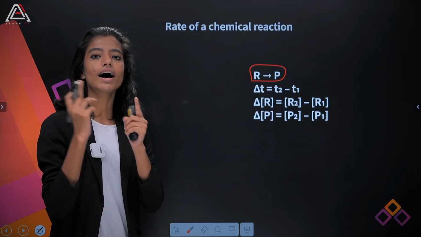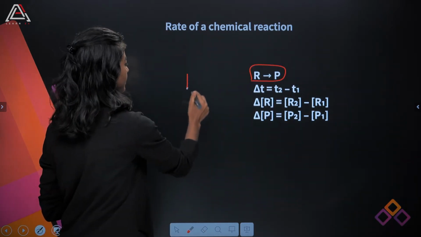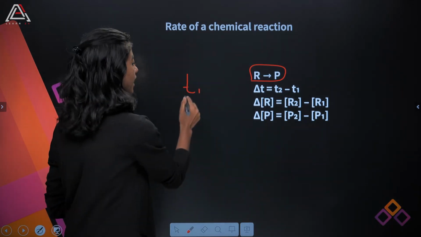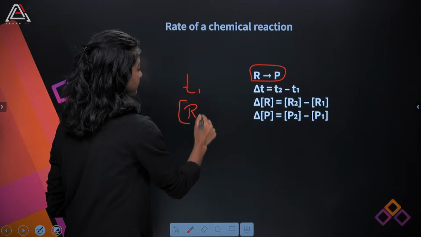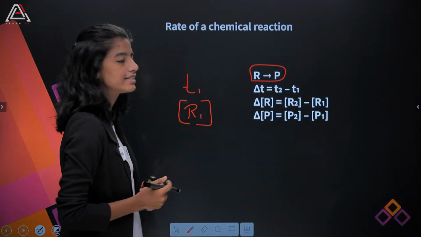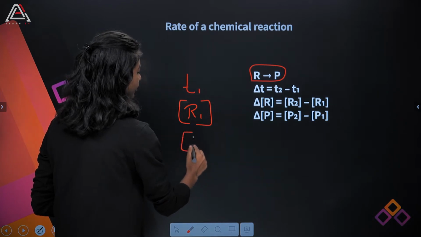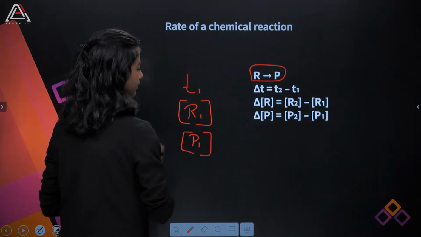As I have told you, the reactants will become product with time, right? Now at initial time T1, let's assume the concentration of reactant is R1 and the concentration of product is P1.